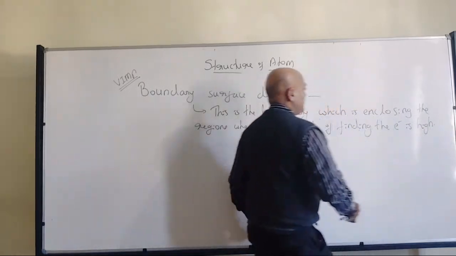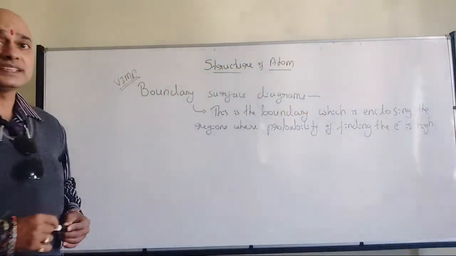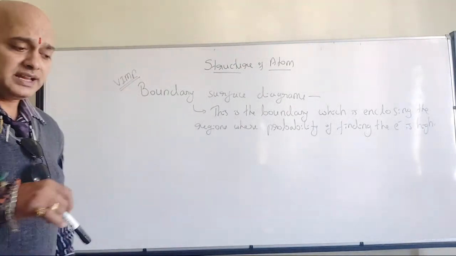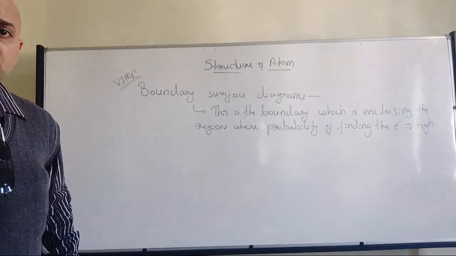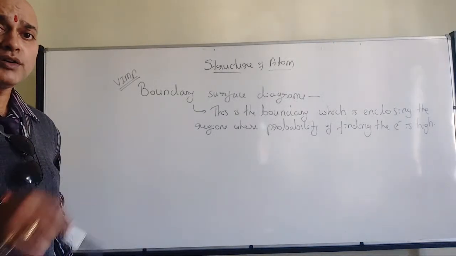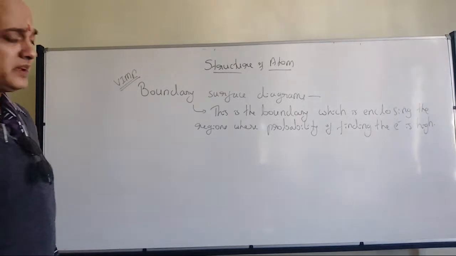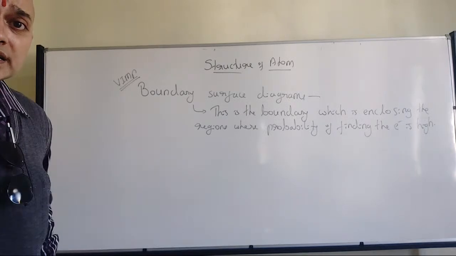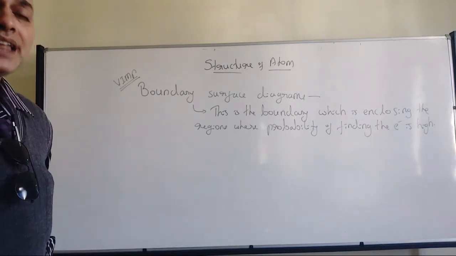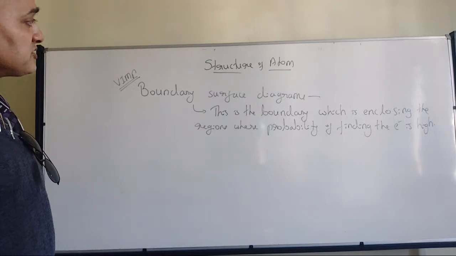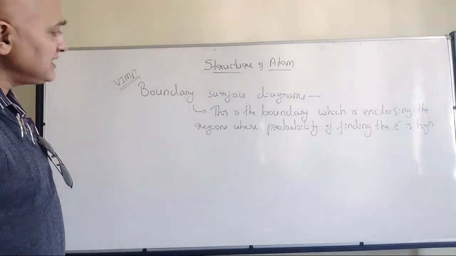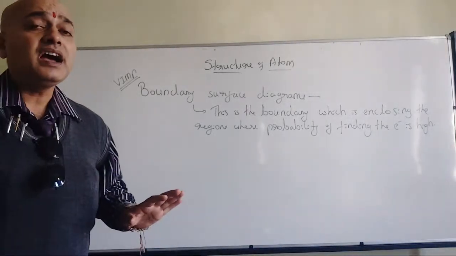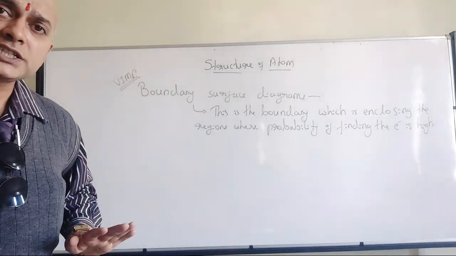So that's where we have the boundary surface diagram. What do you mean by boundary? Each of our houses has a compound, that is a boundary. Our nation has a boundary. Everything is man-made, no doubt. So the boundary surface diagram is also man-made, our imagination. So this is the boundary which is enclosing the regions where the probability of finding the electrons will be high. All of you have understood?